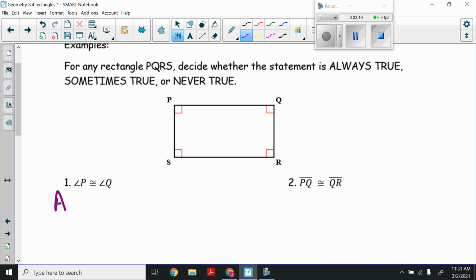Absolutely, because remember in a rectangle, all four angles are congruent and they're always 90 degrees. So this is always true. Number two, PQ is congruent to QR in a rectangle. Well, there's nothing that states that the top and the side have to be congruent. Okay, so that's not going to be always true, but there's nothing that states that they can't. So this is going to be sometimes true.